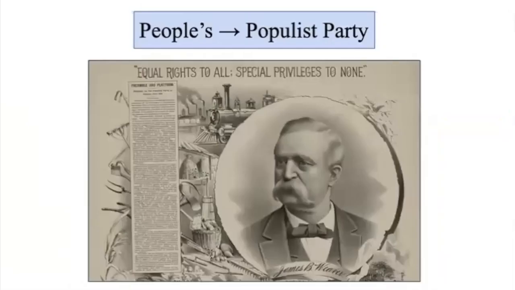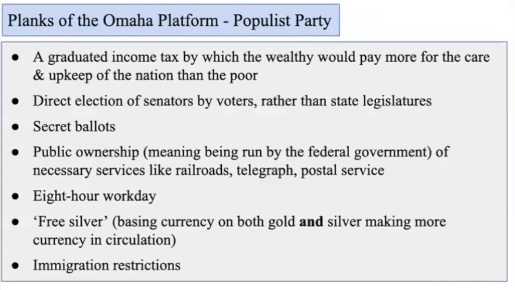The result was one of the more successful third parties of the 20th century, the People's or Populist Party, formed by a coalition of the Grange, the Farmers Alliance, Union Labor Party, and other smaller groups who felt, rather justifiably, that neither major political party actually listened to them and paid attention to their on-the-ground needs.